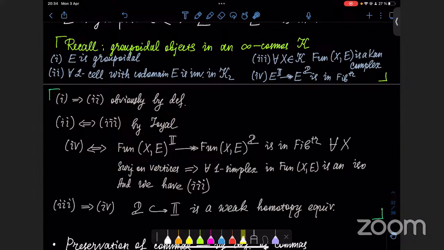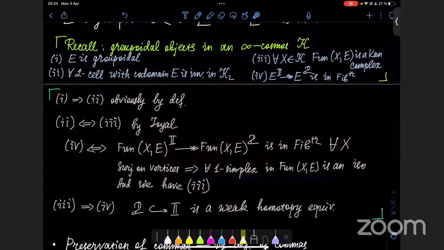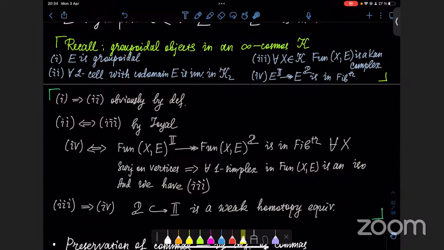But since it is a trivial fibration, we have the following fact: any 1-simplex in this hom object is an isomorphism, and thus we have the third condition.